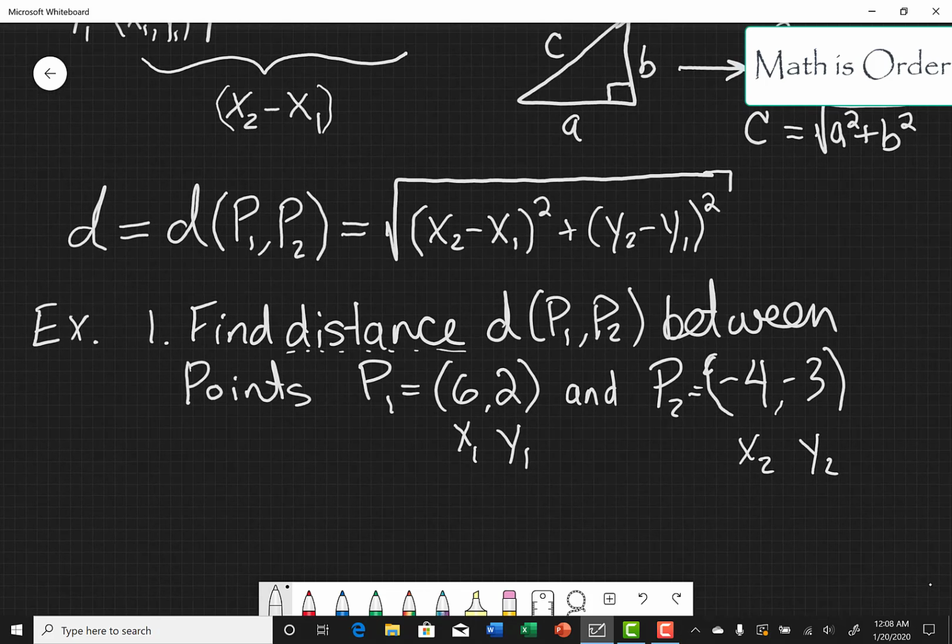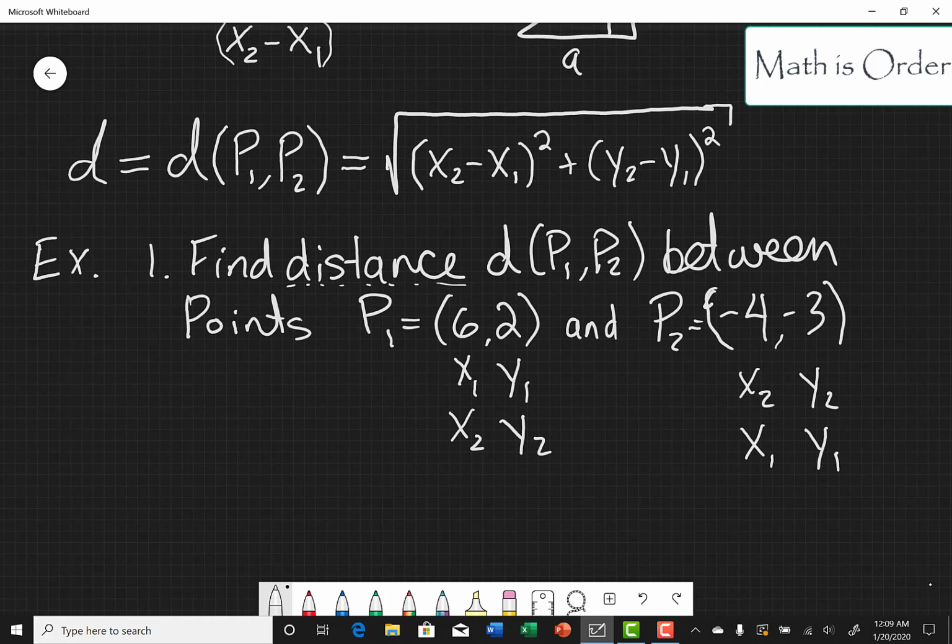Another assignment that will work is to assign 6 as x2. In that case, 2 would have to be y2, and -4 would have to be x1, and -3 would have to be y1.